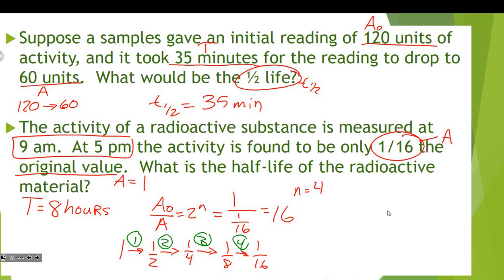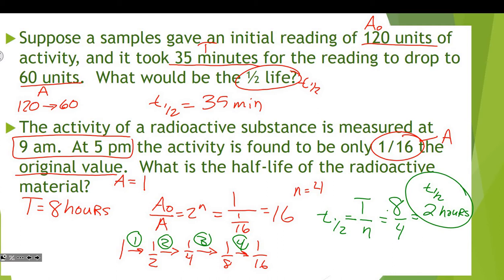So I have 4 half-lives and 8 total hours. So T half is equal to T divided by N. So it's 8 divided by 4, which is 2 hours. That's my half-life.